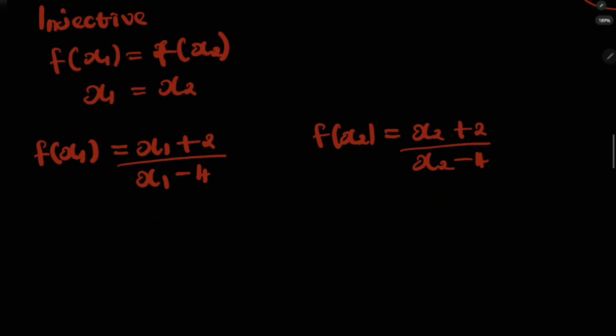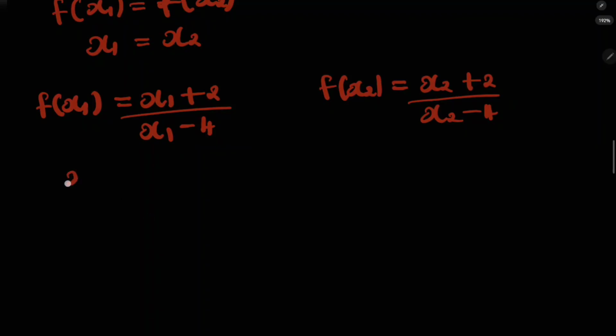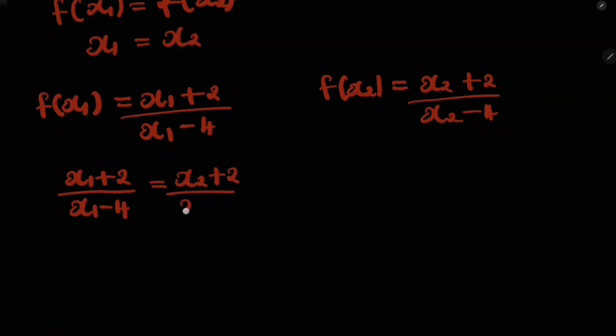So we need to equate them and see if we end up with x1 equal to x2. So x1 plus 2 divided by x1 minus 4 equals x2 plus 2 divided by x2 minus 4. So let us cross multiply.